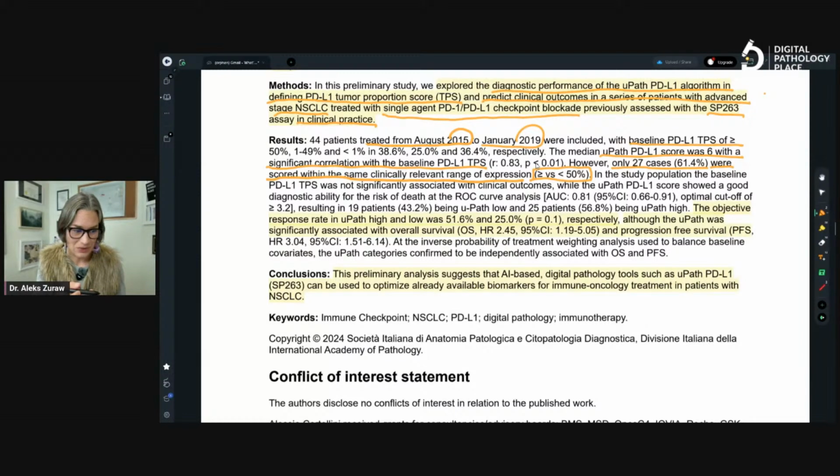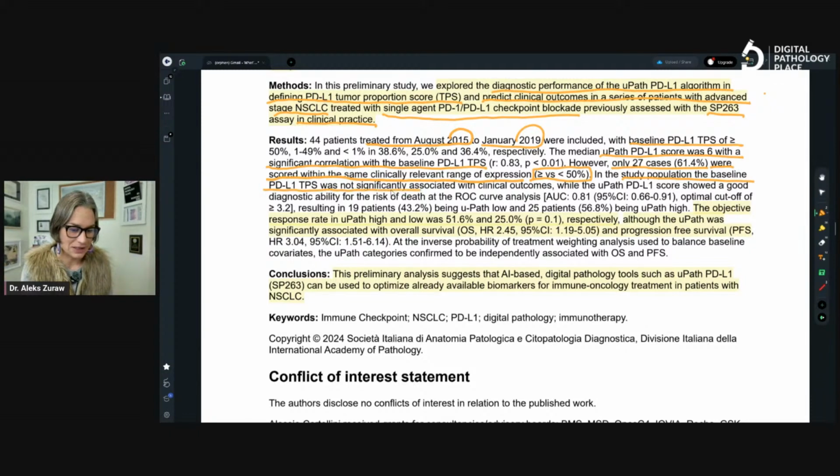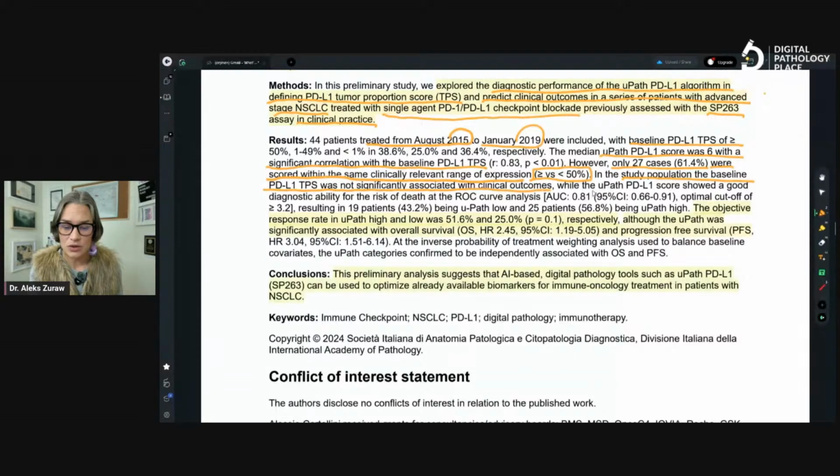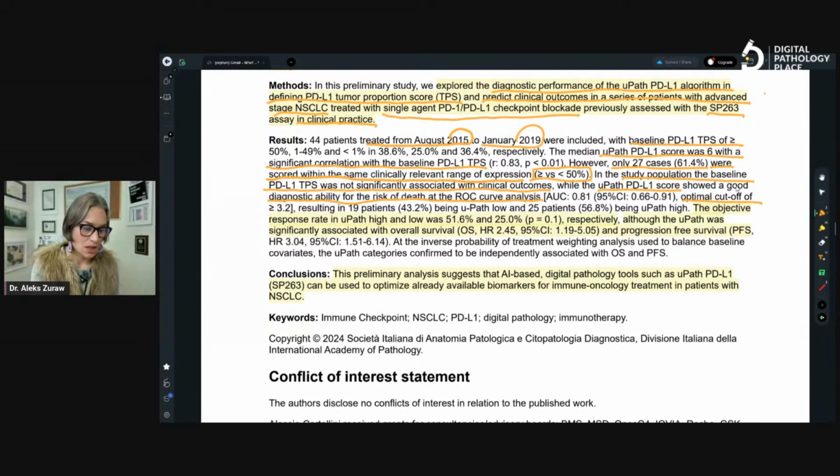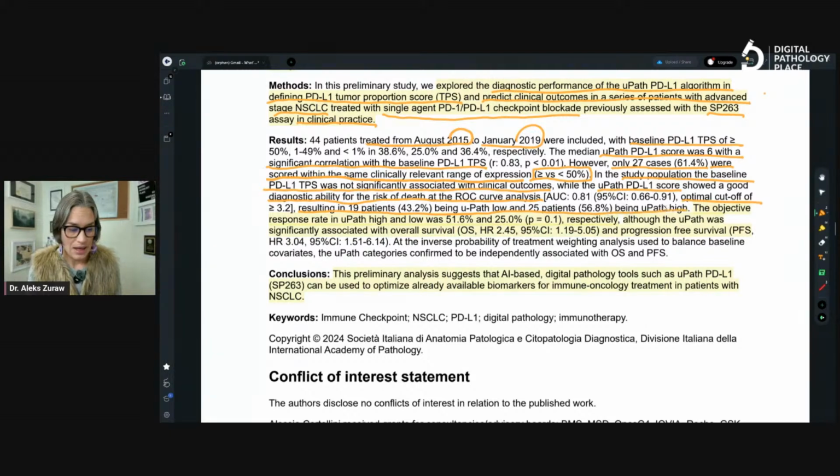Also, in the study population, the baseline PD-L1 was not significantly associated with clinical outcomes, while the UPath PD-L1 score showed a good diagnostic ability for the risk of death in curve and ROC curve analysis, and also an optimal cutoff, resulting in 19 patients being UPath low and 25 patients being UPath high.